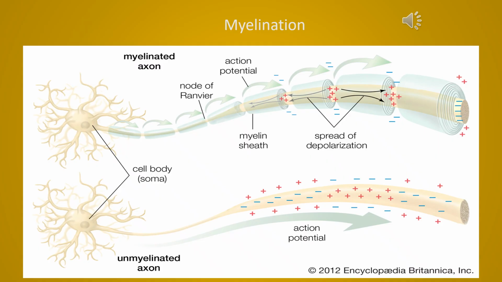Many of the stimuli are depolarizing. Many of them may be hyperpolarizing. So it is the summation of those stimuli brought to the trigger zone located in the axon hillock that determines whether or not our local potential becomes an action potential.